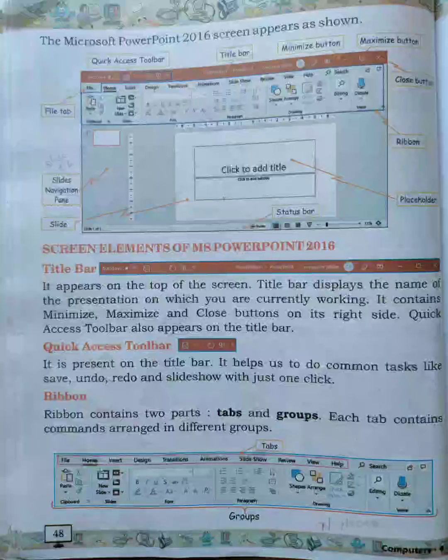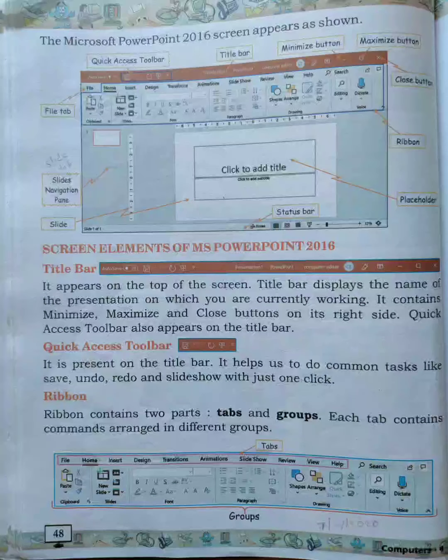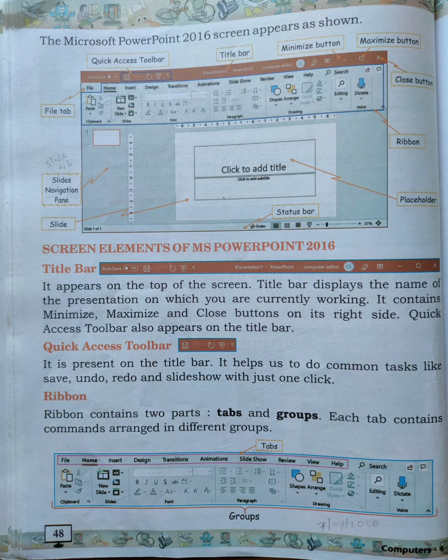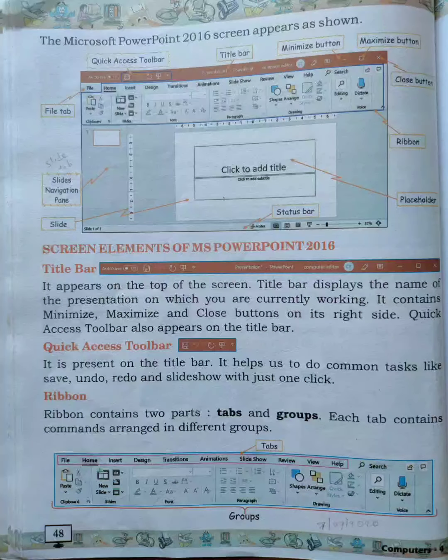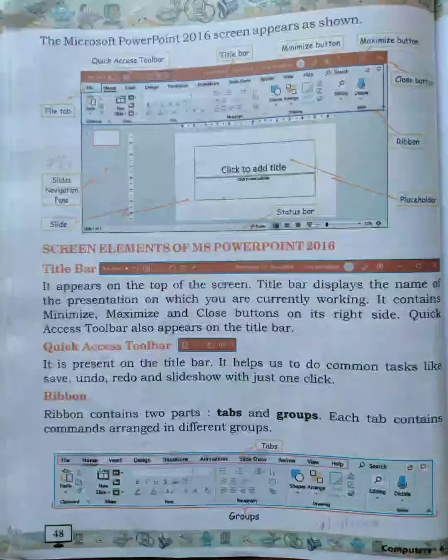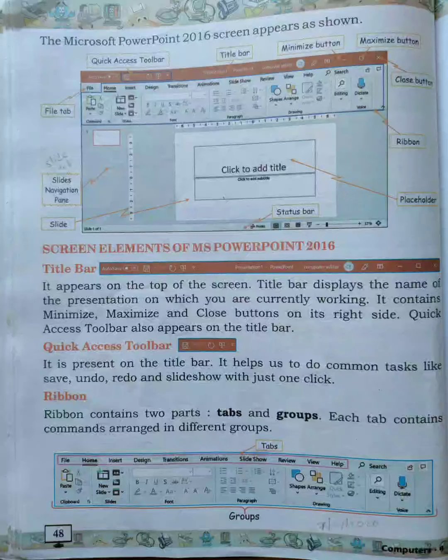Students, in this video we will learn the screen elements of PowerPoint. As you can see in the picture, on the top: quick access toolbar, then title bar, minimize button, maximize button, file tab, slides navigation pane, slide, close button, ribbon, placeholder, and status bar.